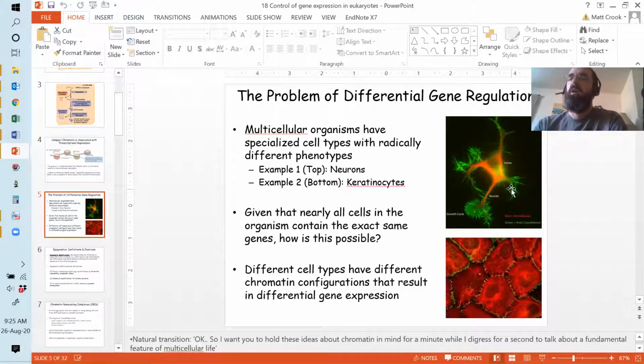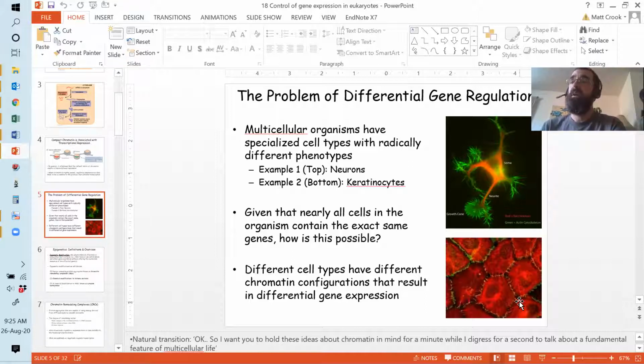So these cells are obviously going to be expressing different proteins in different places, and that is what gives them their identity, compared with these cells, which express a different array of proteins. Obviously, some of those overlap because all cells need ribosomes, for example, to be able to do translation.